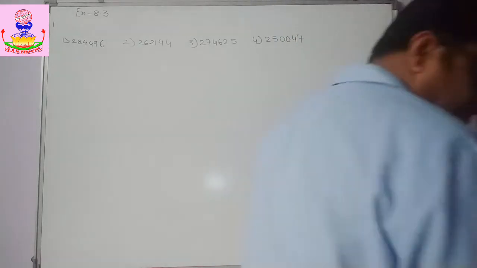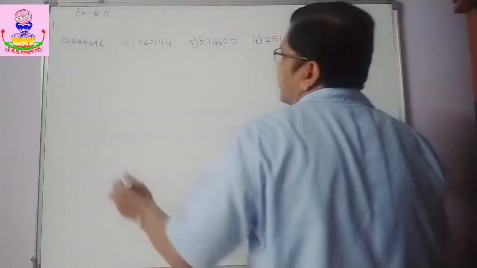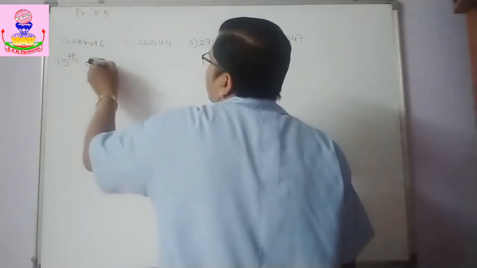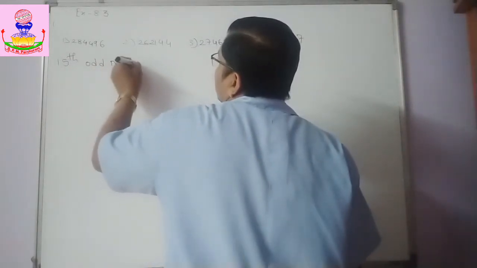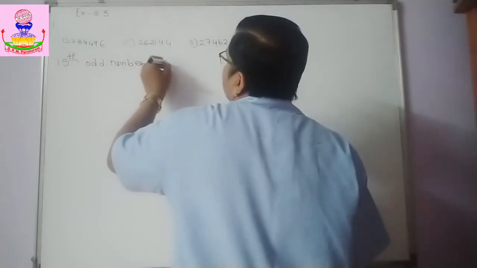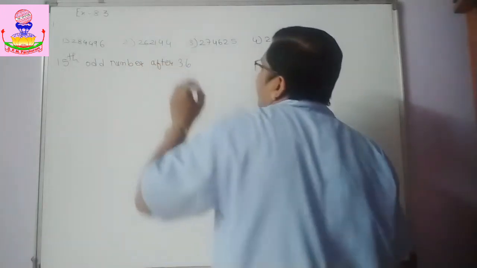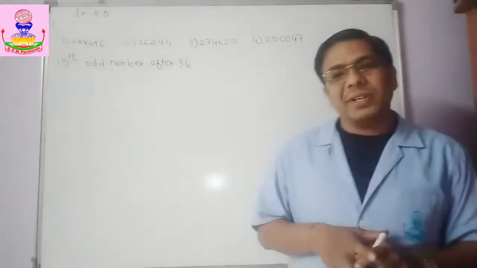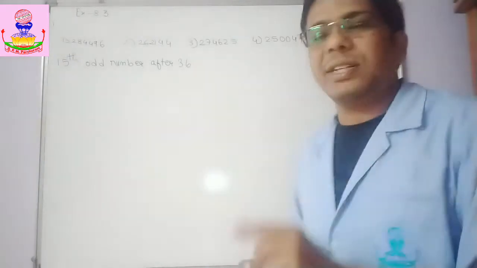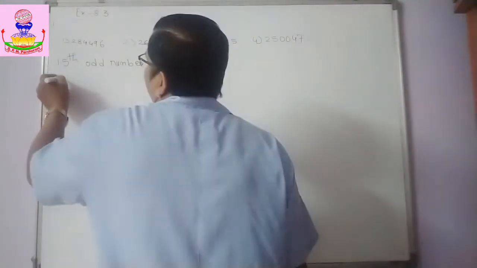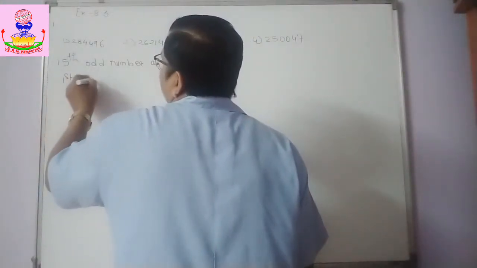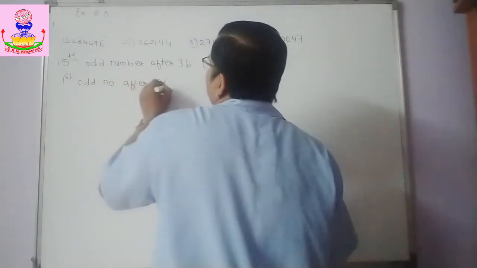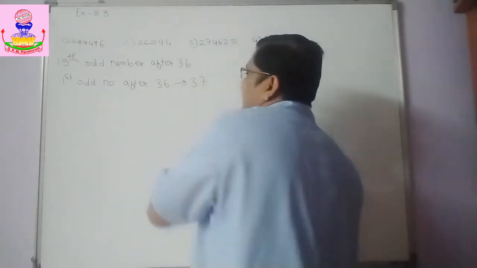Now, first you have to find the 15th odd number after 36. Now first thing, 36, is it an odd number? No, it's not. It is an even number. So first find the first odd number after 36, which is 37.